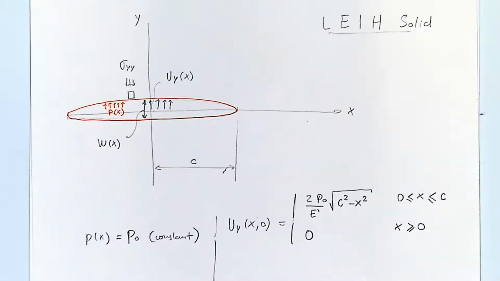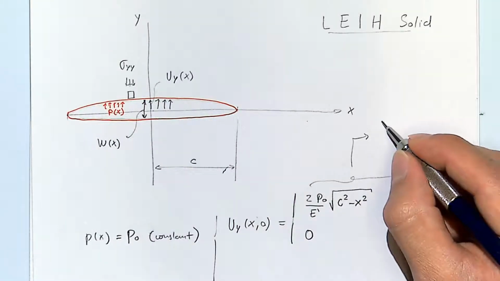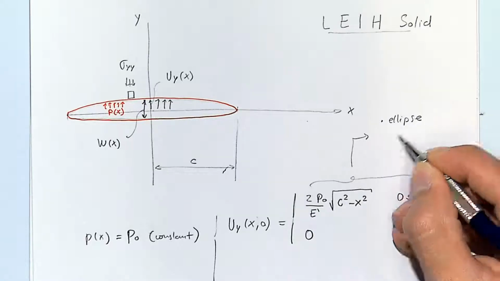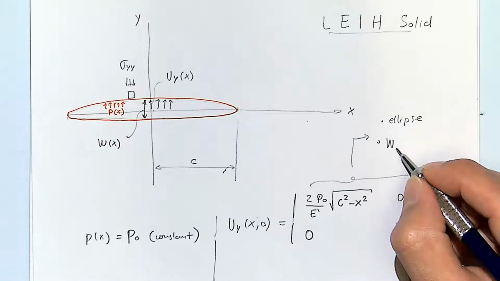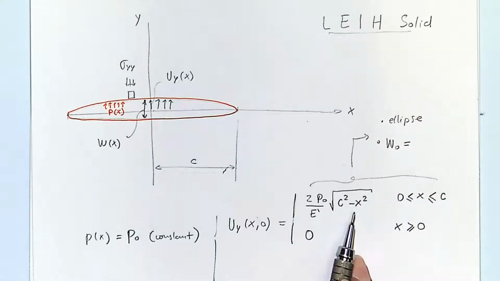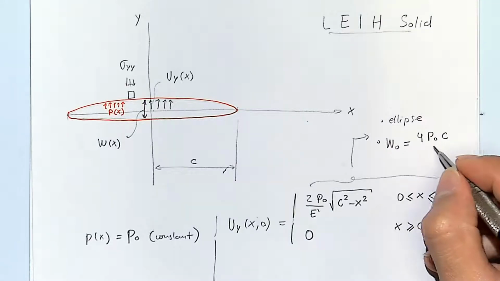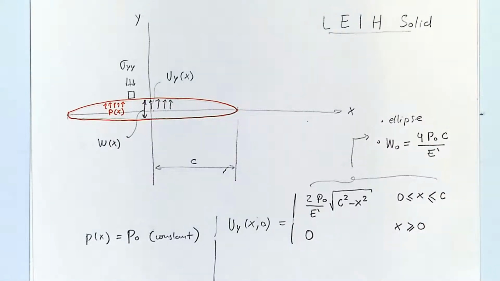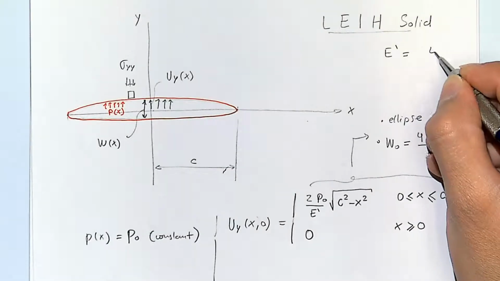And from the maximum, already from this equation we get two things. One, this is an ellipse, and second, we can calculate the width. The maximum width, when x is equal to 0, is just going to be 2 times this thing, and 2 times that thing is 4 times P0 C divided by the constraint modulus, where the constraint modulus, as a reminder, anyone remembers what this is?